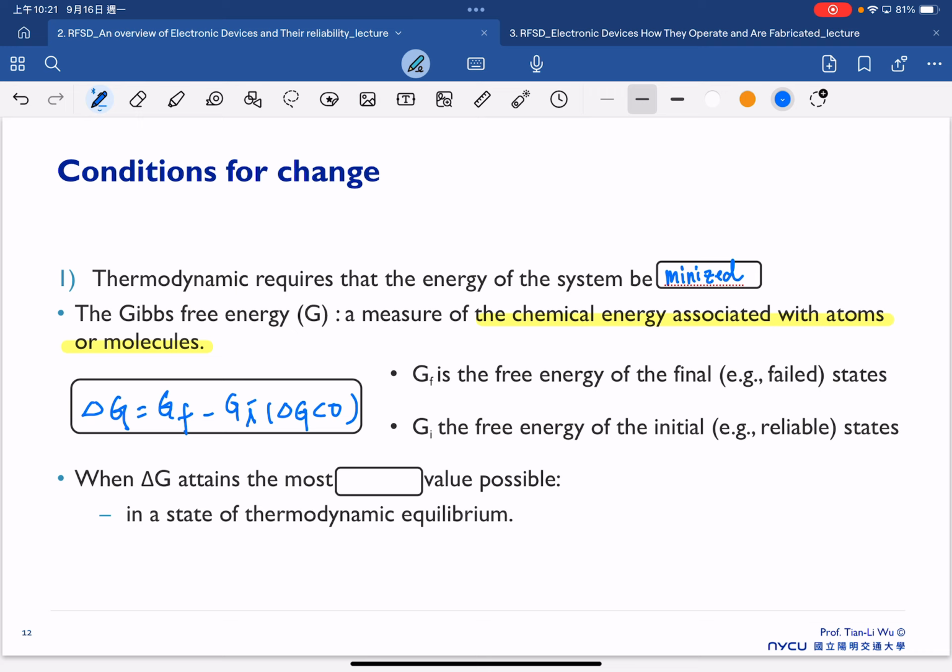G_F is the free energy in the final, for example the failed, state here, and G_I is the energy in the initial or reliable state here. But the problem is that the Gibbs free energy would prefer to attain the most negative value possible.